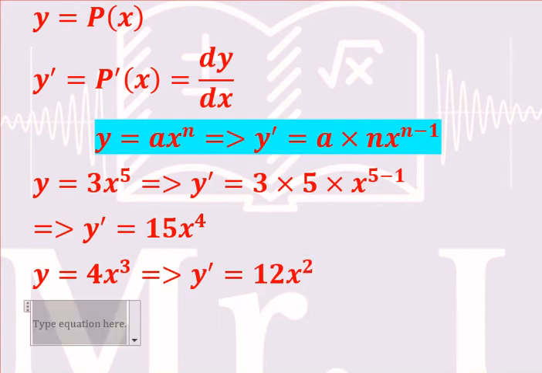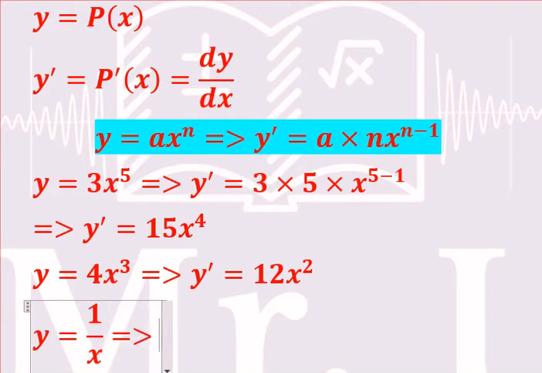Same thing, guys, sometimes, as I advise you in many cases, work on the form. I'll give you an example that is not a polynomial, but this rule is also applied to it. Let's say we have y equals 1 over x. This form, as you see, is not in the form of y equals ax power n, but we can change it by writing y equals x to the power negative 1.